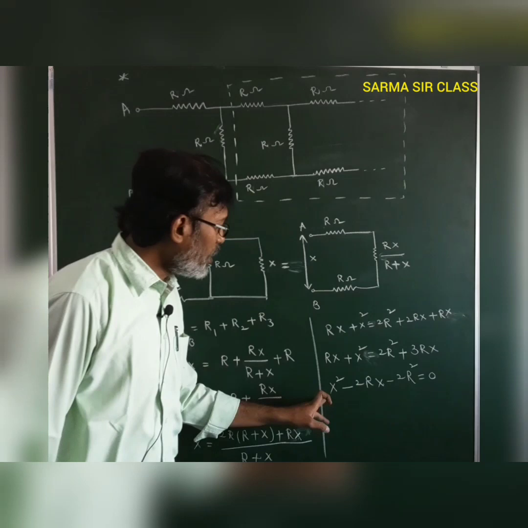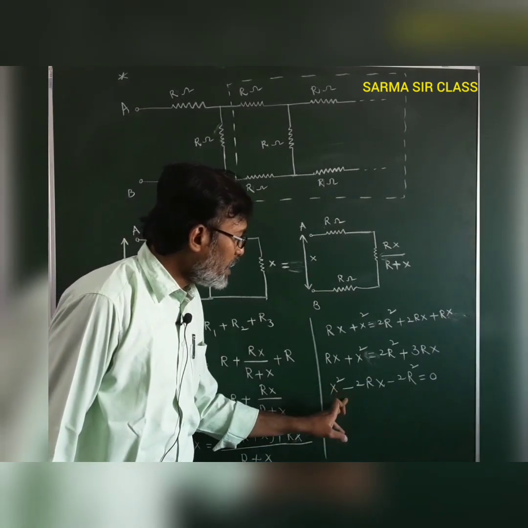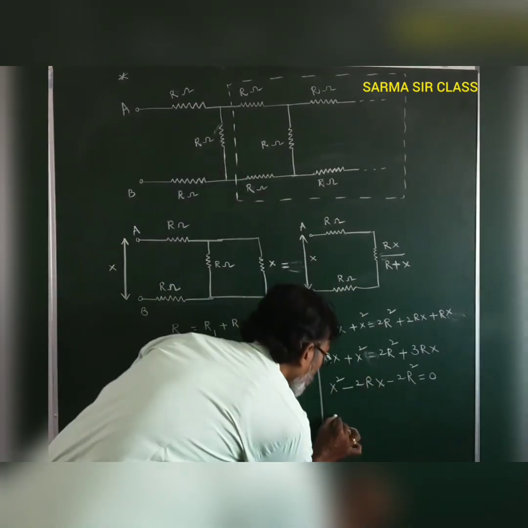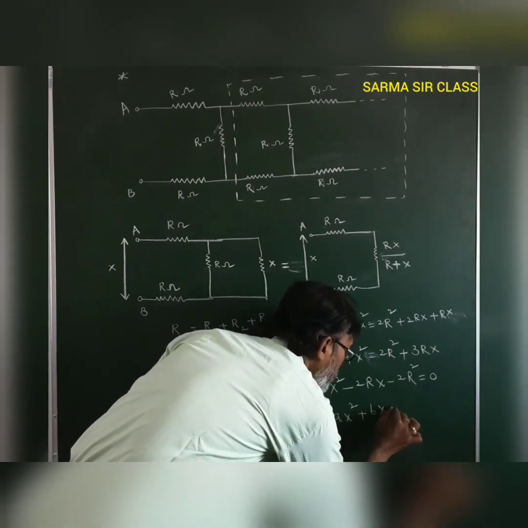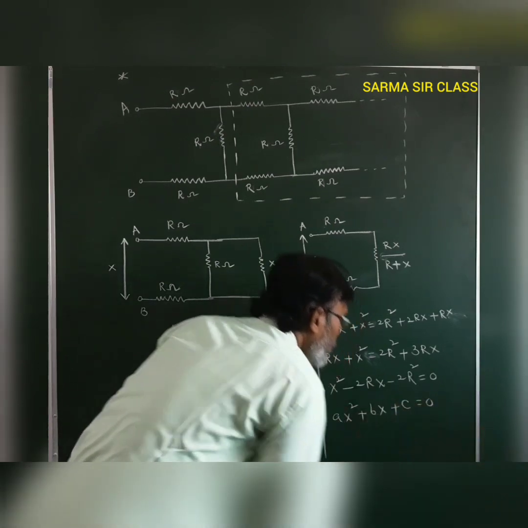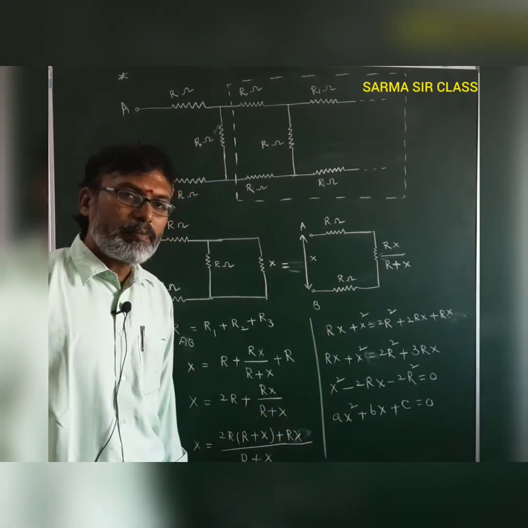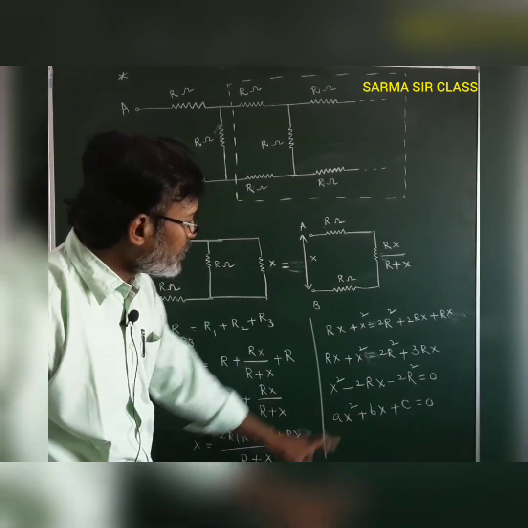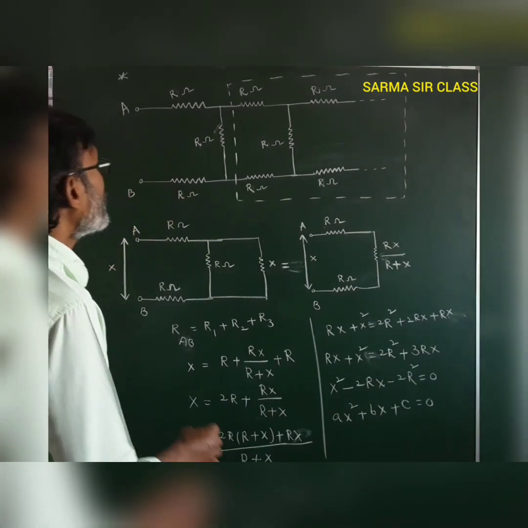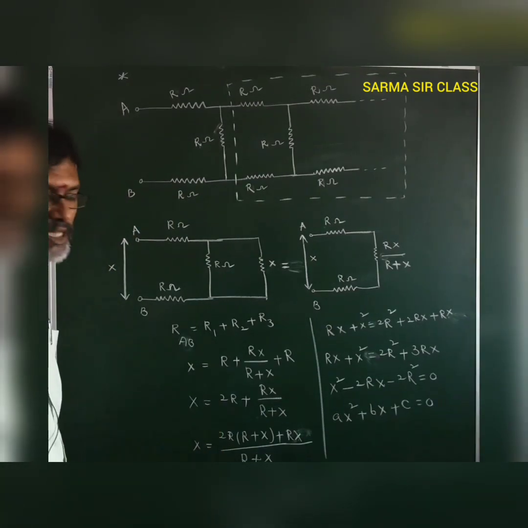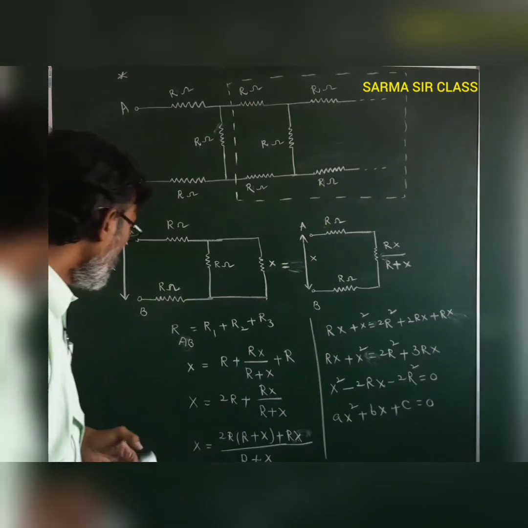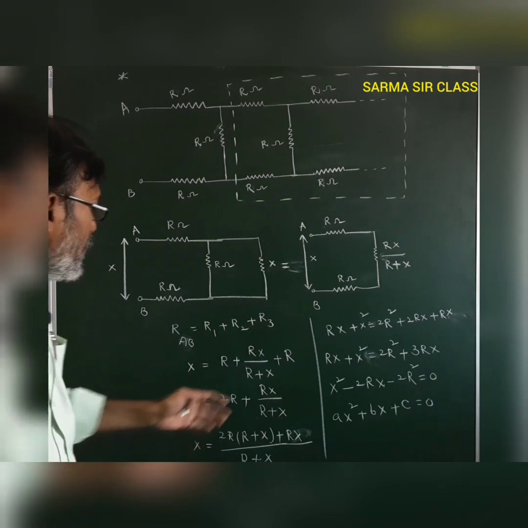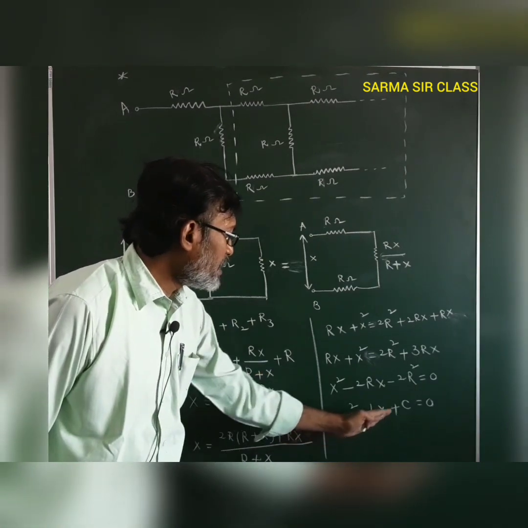Now this is in the form of ax square plus bx plus c equal to 0. With this I need to solve the problem. As you know well, ax square plus bx plus c equal to 0.